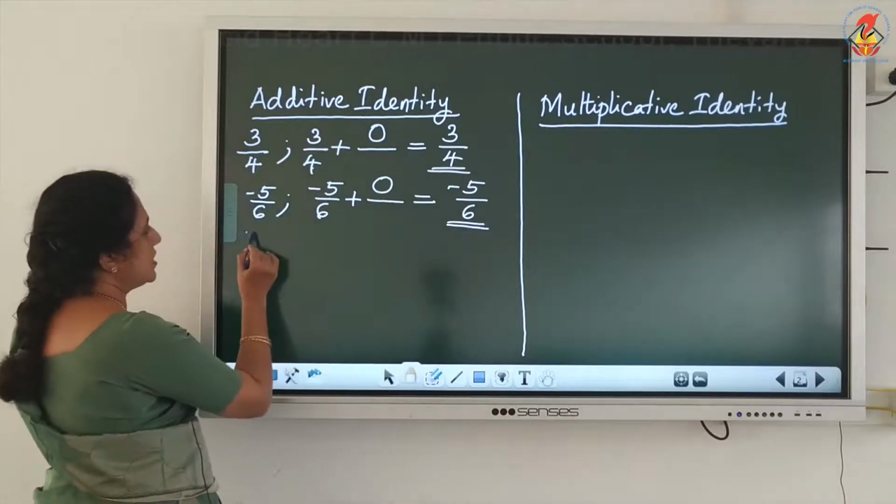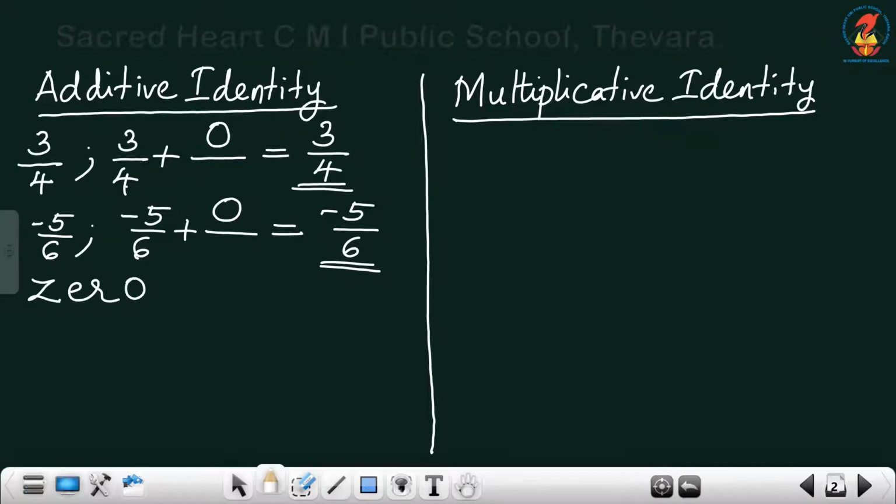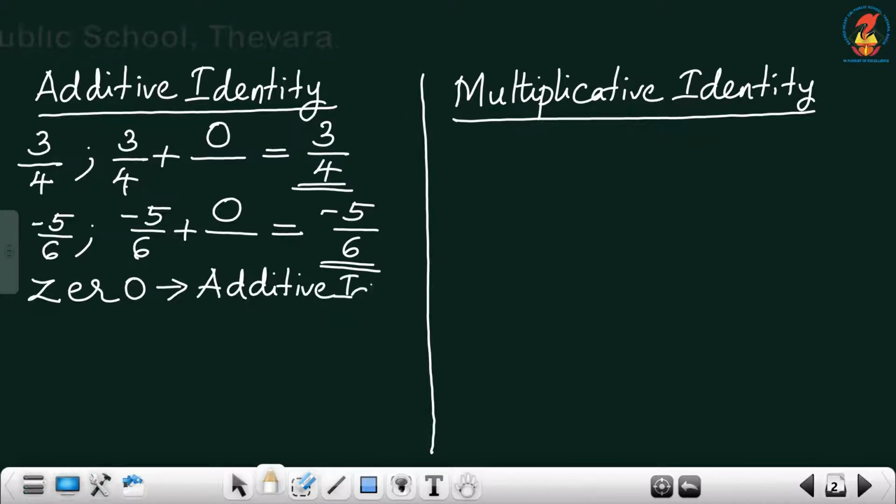Therefore, 0 is known as the additive identity for rational numbers. So, which is the additive identity for rational numbers? 0. The rational number 0.